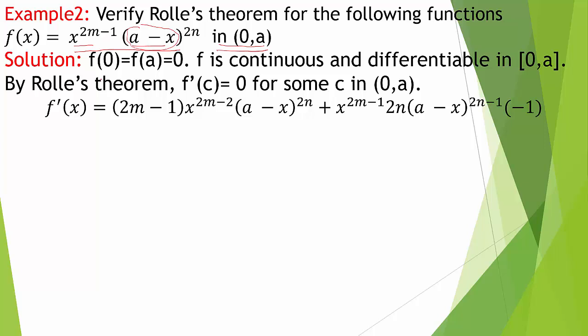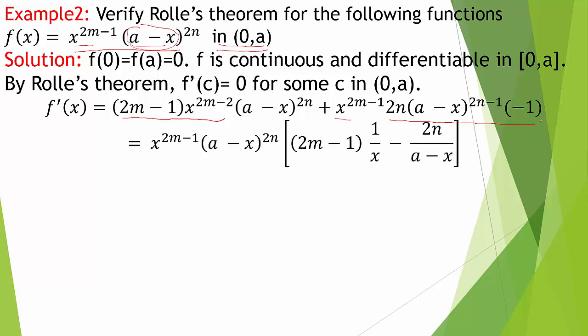Derivative of x raised to 2m minus 1 becomes 2m minus 1 into x raised to 2m minus 2, and (a minus x) raised to 2n as it is, plus x raised to 2m minus 1 as it is, and the derivative of (a minus x) raised to 2n is 2n times (a minus x) raised to 2n minus 1 into minus 1.